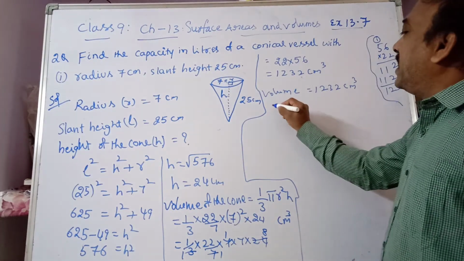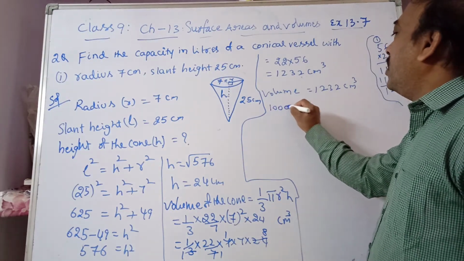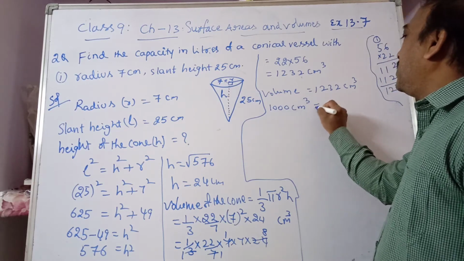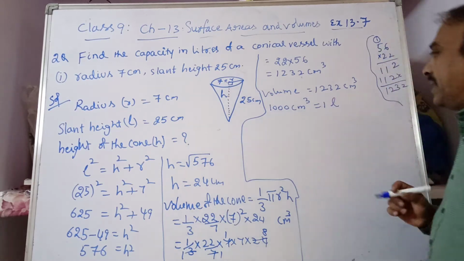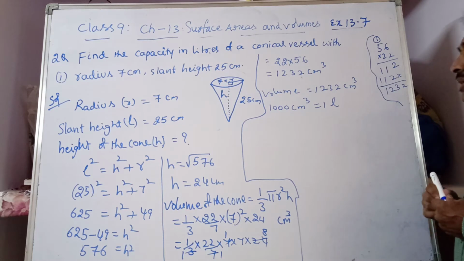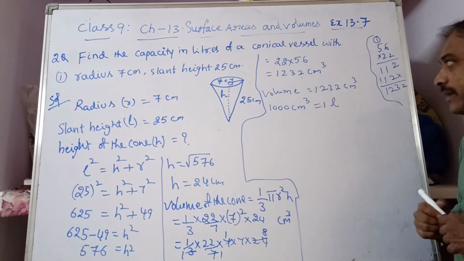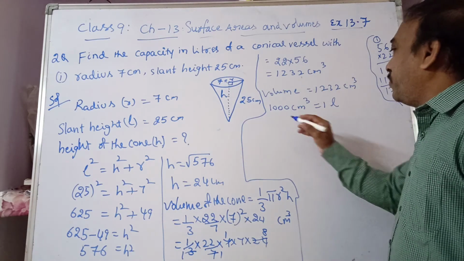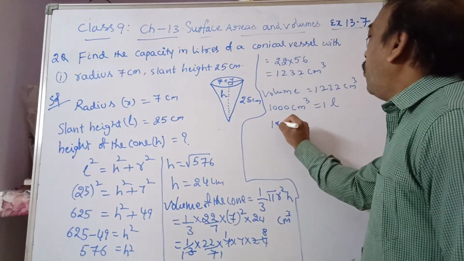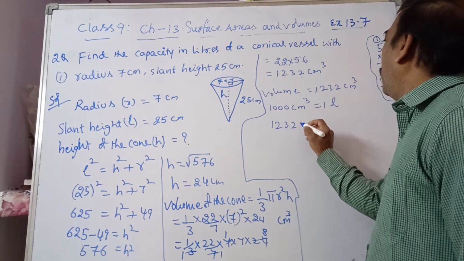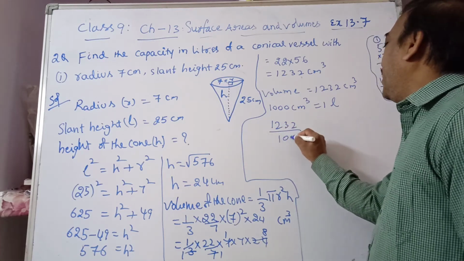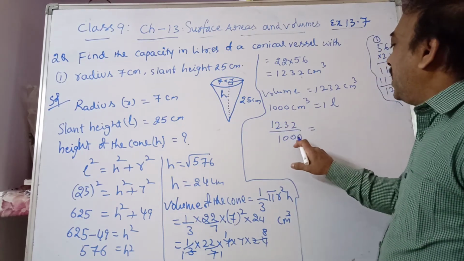So 1000 centimeter cube is equal to 1 liter. So this many centimeter cube is equal to, 1232 by 1000, which will give you 1 2 3 2.